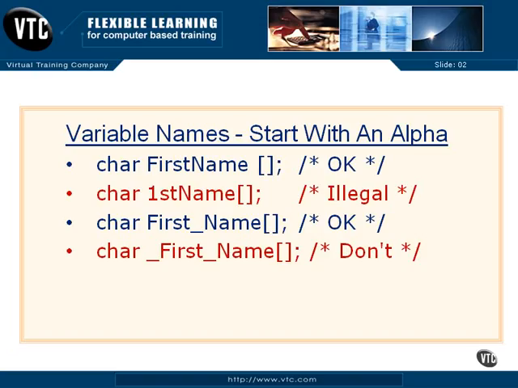And you don't want to use a single underscore in regular C either, because many times the compiler will use a variable with an underscore as the first character itself. So we don't want to accidentally get crossed up in what the compiler is trying to do when it compiles our code. It's just easier if you don't. Just don't use an underscore as the first character of your variable name.